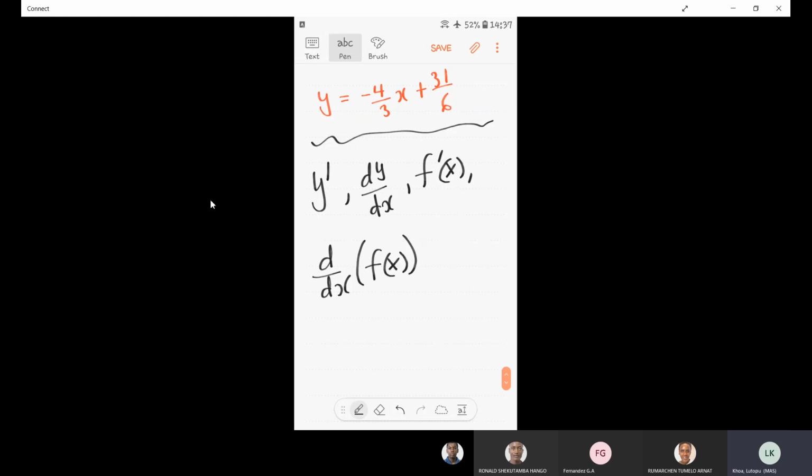This one just means differentiate f of x with respect to x. So that's what it means, but you're doing exactly the same thing. And also the derivative with respect to x. So when you see all these, they're just different ways of writing the same thing. So depending on whatever book you're reading, you may see it written in one of these ways, but they're all doing exactly the same thing.